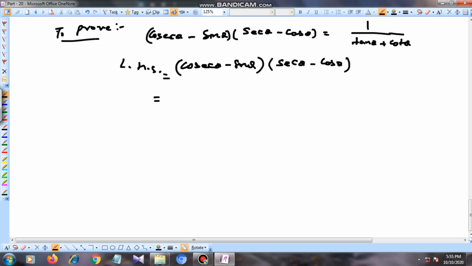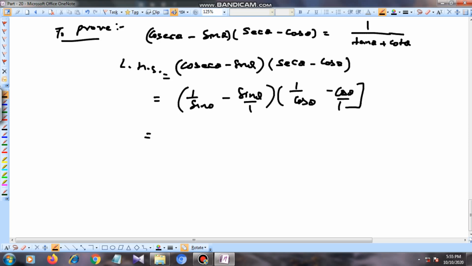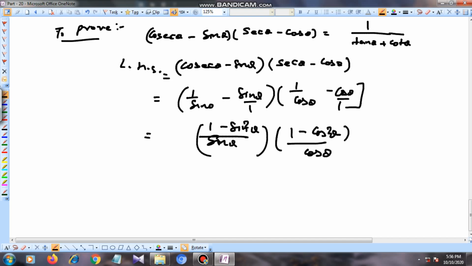Now cosec theta is written as 1 upon sin theta minus sin theta, and this is 1 upon cos theta minus cos theta. Taking LCM and solve. So the LCM is sin theta, and here 1 minus sin square theta, and in this bracket 1 minus cos square theta upon cos theta.